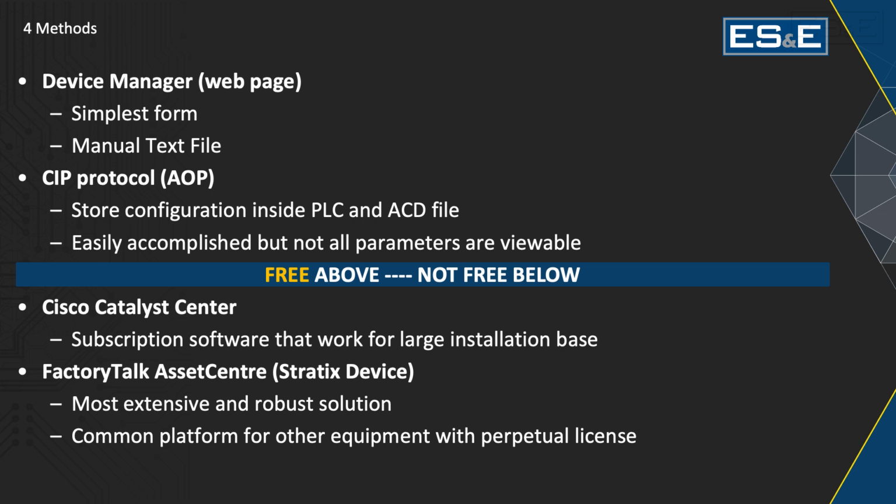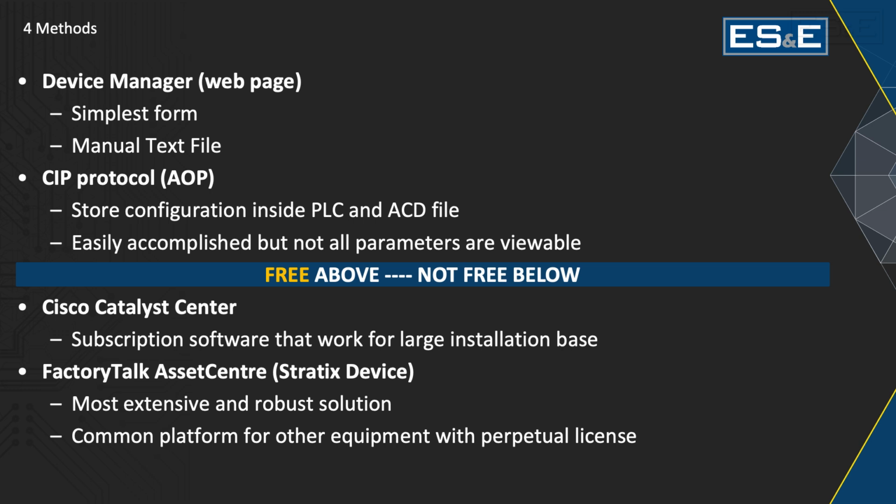It has the input and the output data. It has all the class, instance, and attribute information that the controller is going to use to access that device. And so it just gives you a nice configuration environment to build that. So when we talk about CIP protocol or AOP, that's really what we're talking about, right-clicking and adding that static switch into the configuration of your controller.